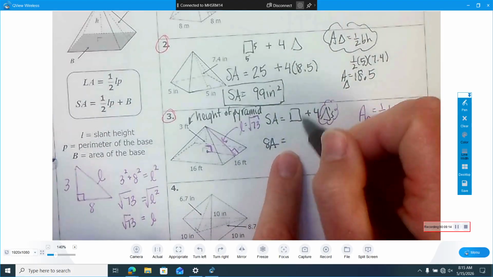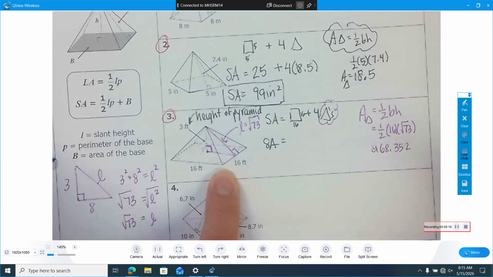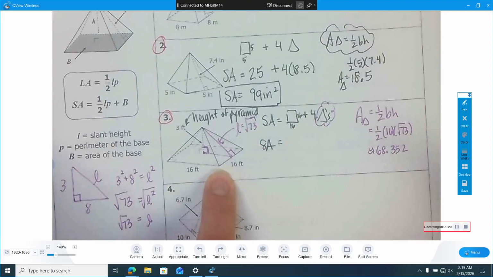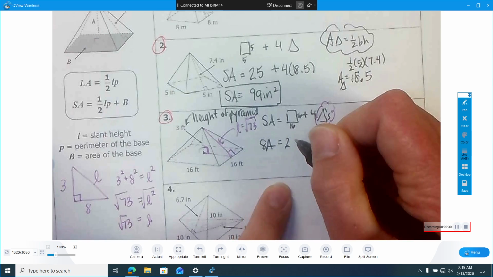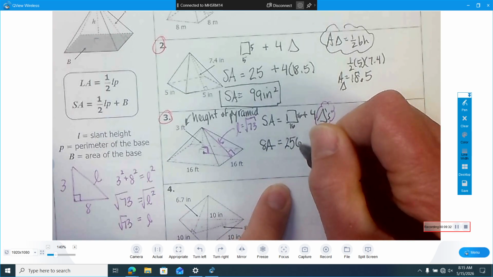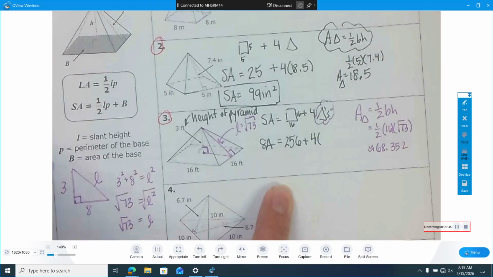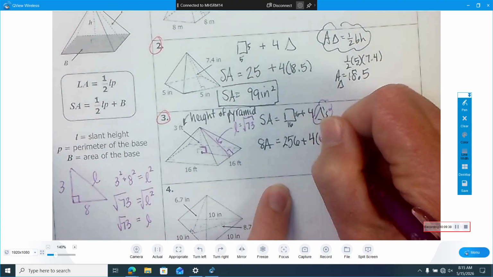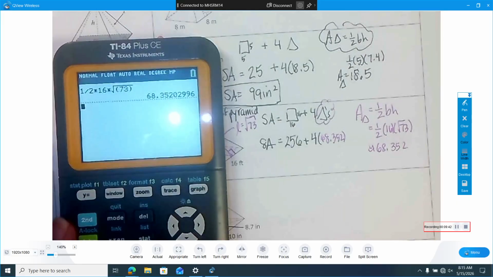So how do I find my surface area? Here's my square base, which is 16 by 16. So what's that area? 256. That'd be 16 times 16. 256 plus 4 times the 68.352. I'm going to go ahead and just do this all on my calculator.